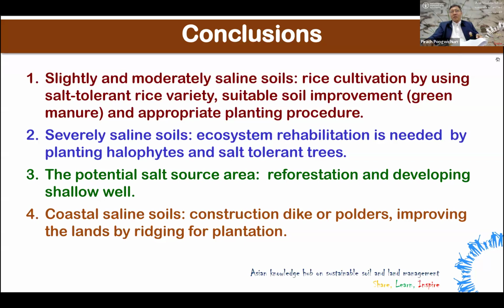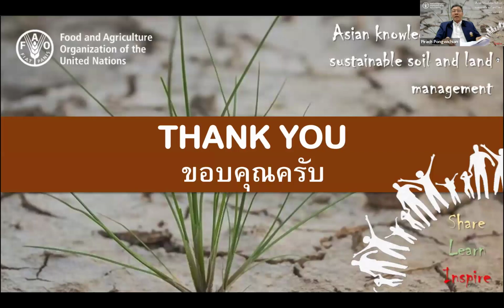And for the potential salt area, reforestation and developing shallow wells are recommended. And for the coastal saline soil, constructing dikes or borders and improving the land by letting for plantation salt tolerant varieties is recommended.